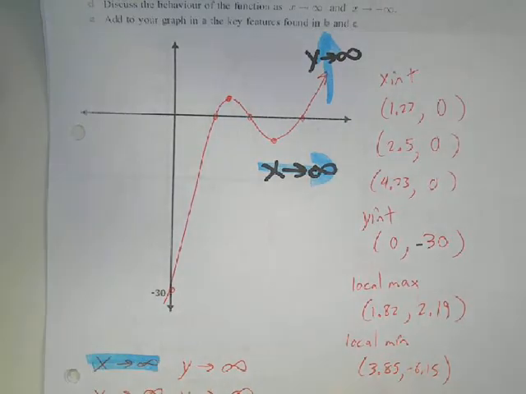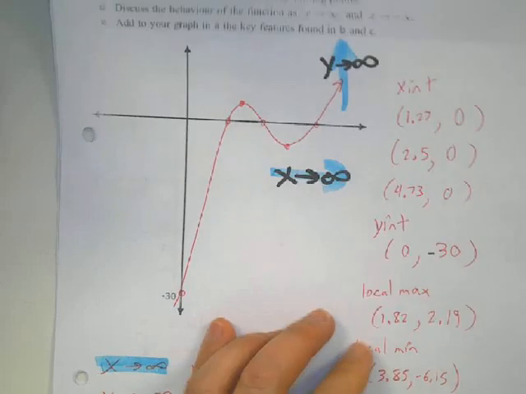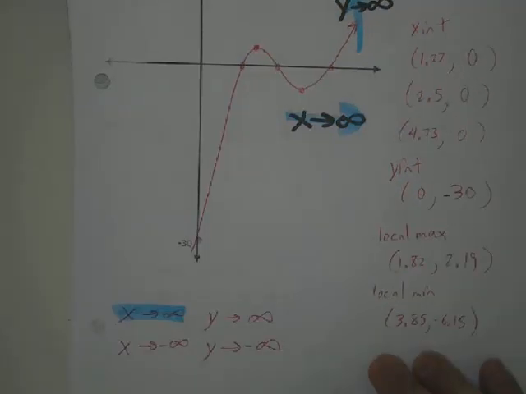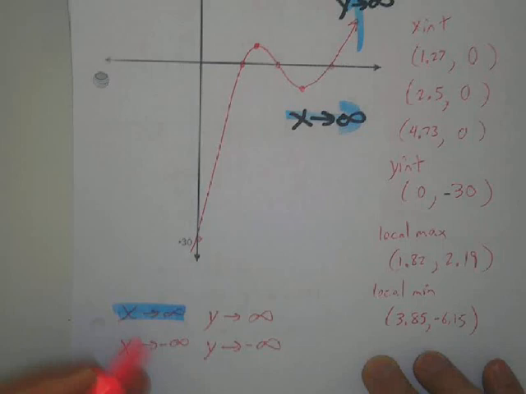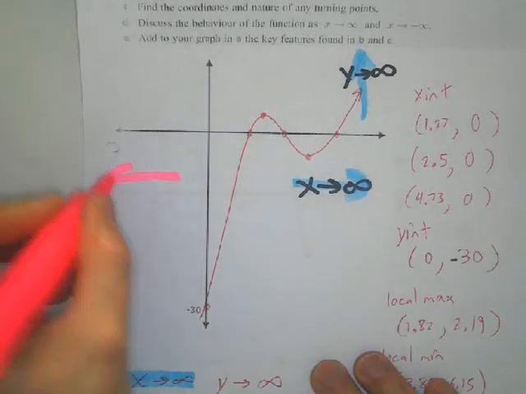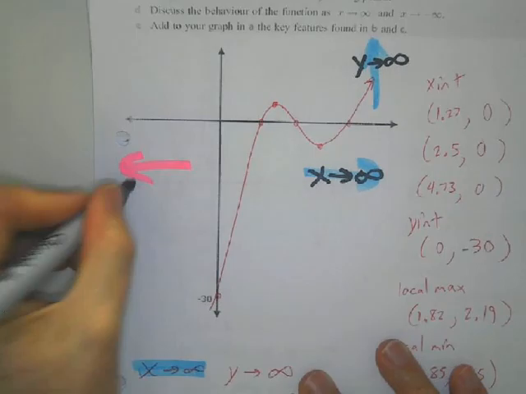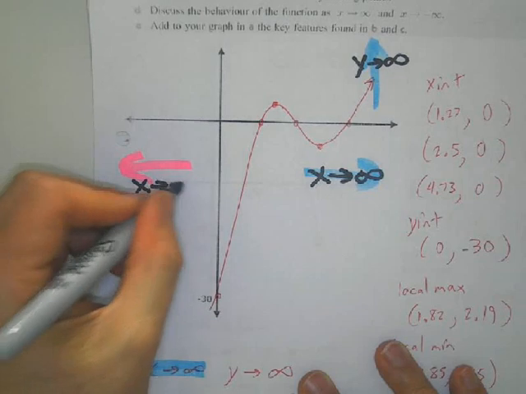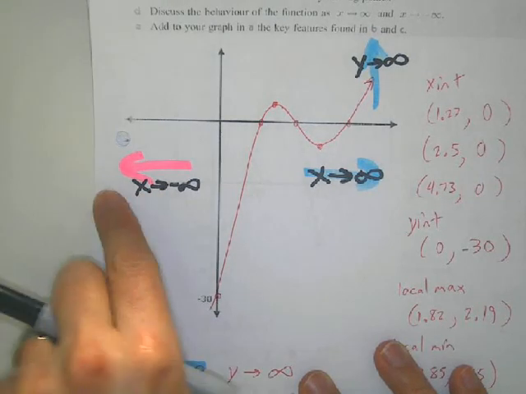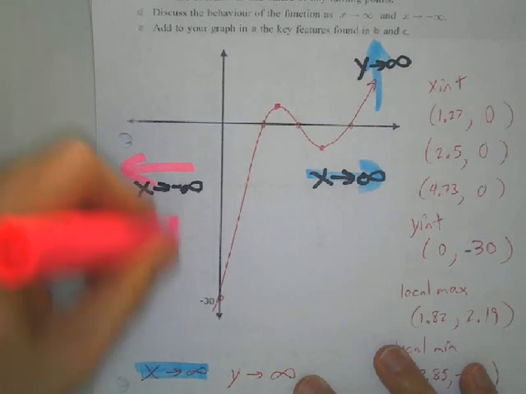Okay, and then over here, oh, I just wrote my key. I bet that bled through. Oh, wait. No, it didn't. Okay. Woohoo! All right. So when I have x going to negative infinity, that means x is going in that direction, and you're going to notice that y is just going down.